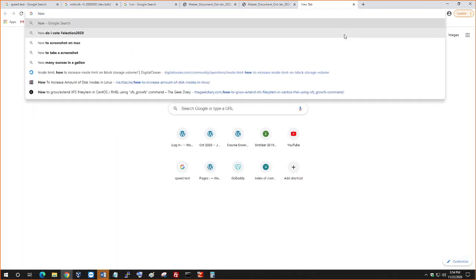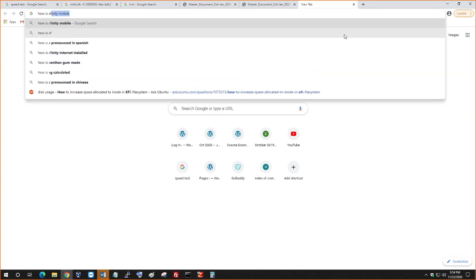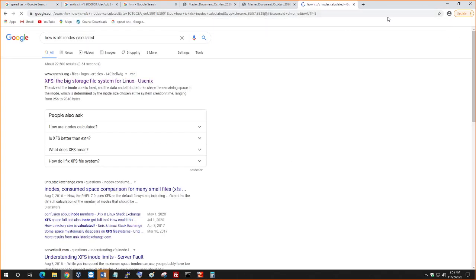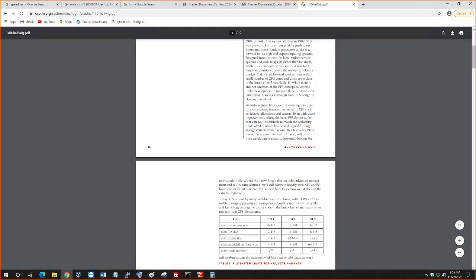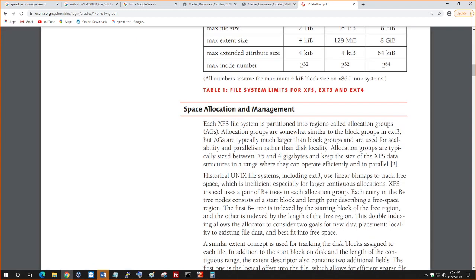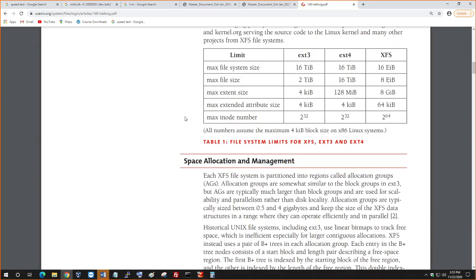So you could put on Google, how are XFS inodes calculated? Okay, so let's do this. Maximum, okay, so you have to go to 2 to the power of 32.